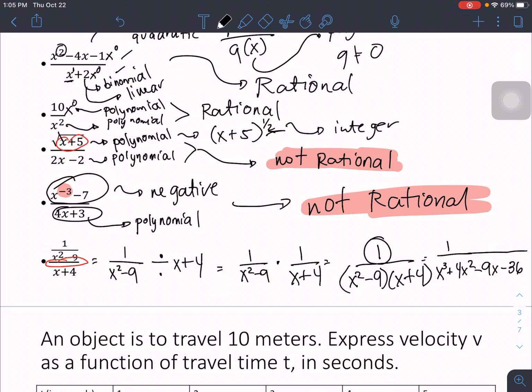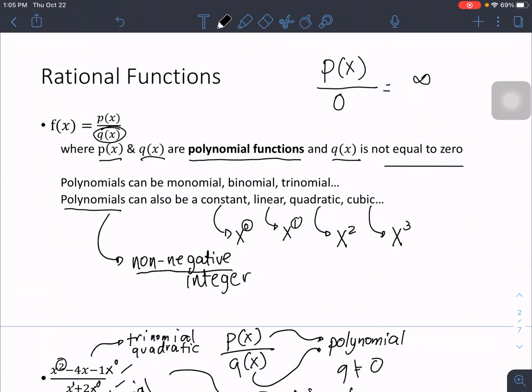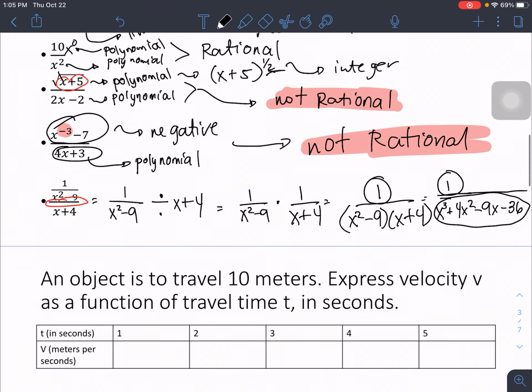So this will be the whole expression. So this one is a polynomial. This one is a polynomial also with a degree of 3, and all the exponents of all the x's are all non-negative integers. So this one is considered a rational expression. Okay? Thank you.